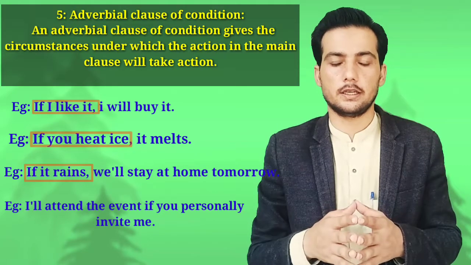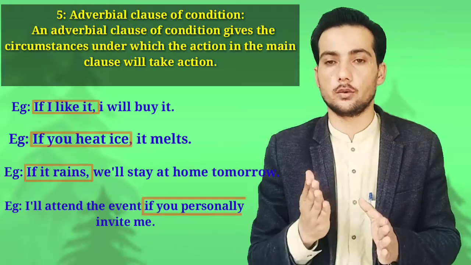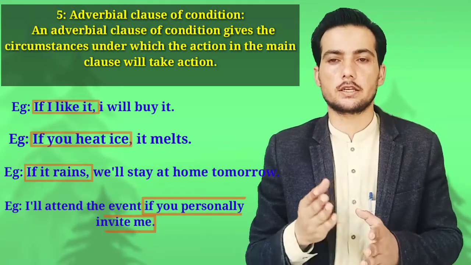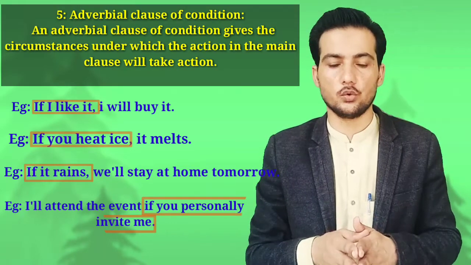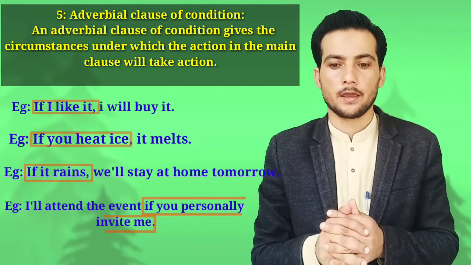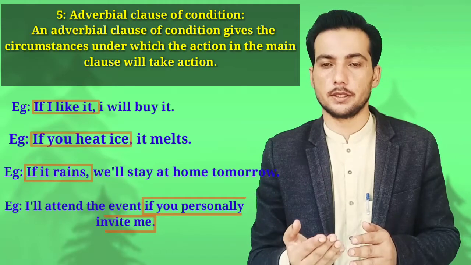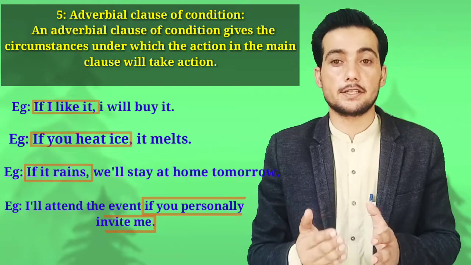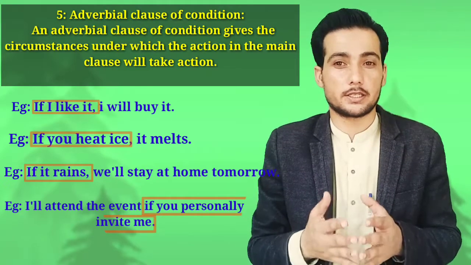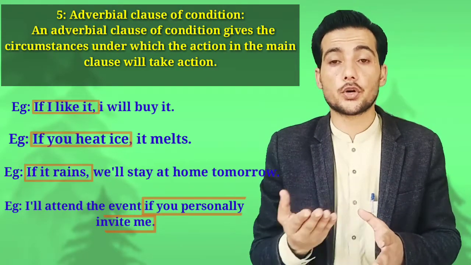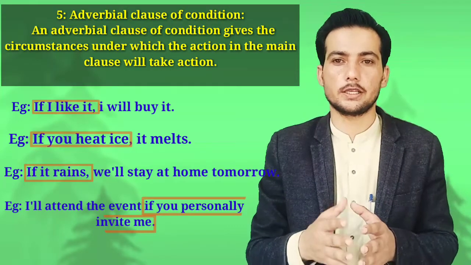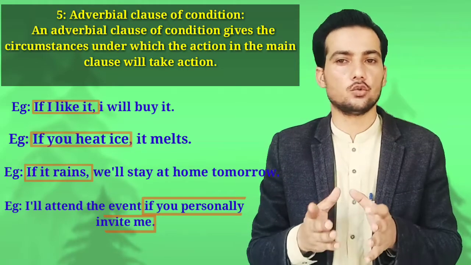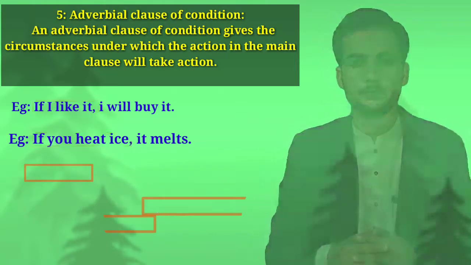The next clause, "if you personally invite me," starts with the subordinating conjunction "if," and consists of a subject, "you," and a verb, "invite." It provides a condition for when I will attend the event. So it is an adverbial clause of condition.